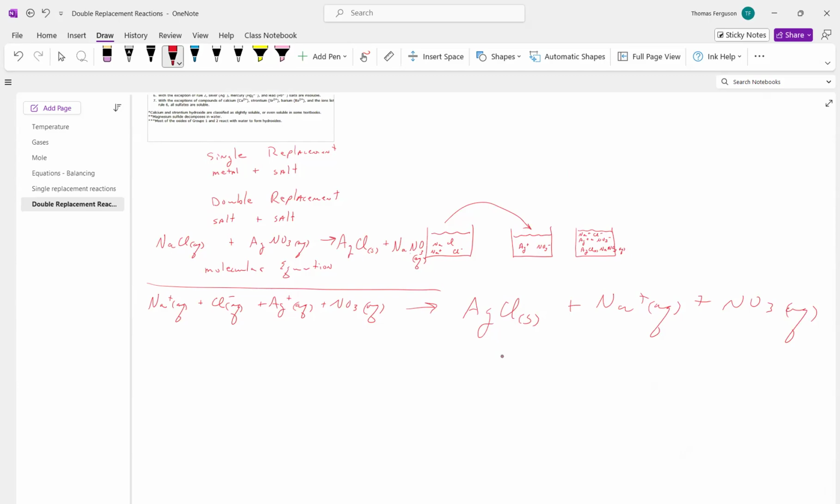And this is called the total ionic equation. And it's an equation, so we have to make sure it's balanced, of course. And this is balanced because everything is singles.